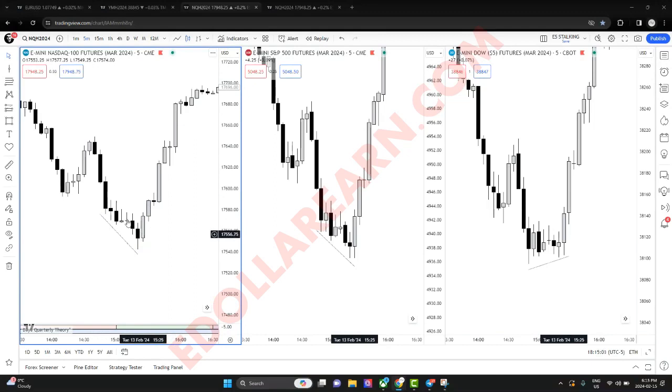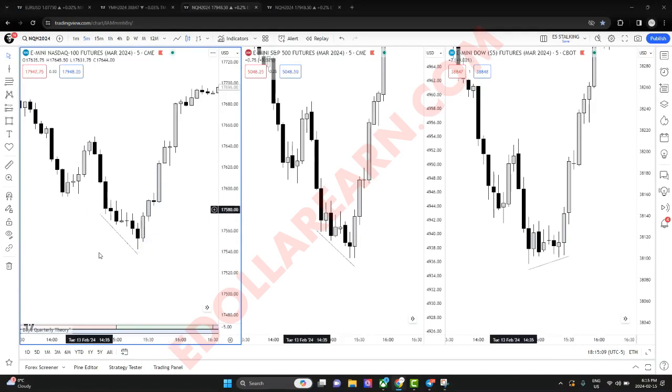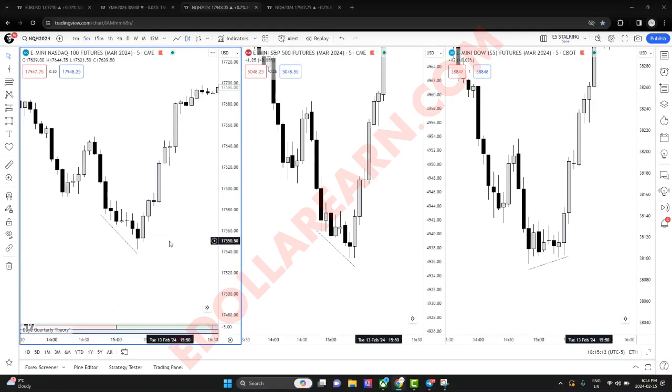So this is just an addition to what you already know about sequential SMT. And all of these things, you don't need all of them to trade. You don't need all of them to know whenever price will reverse.